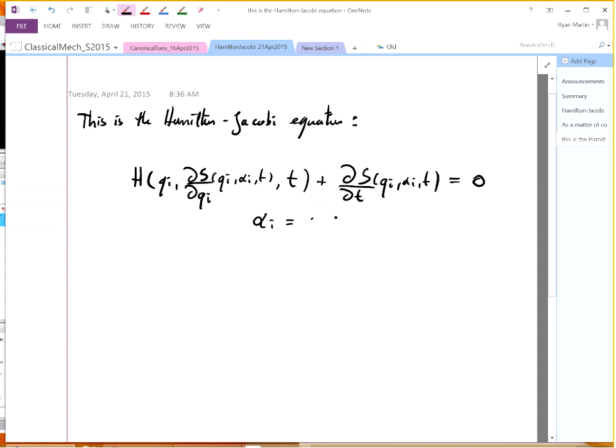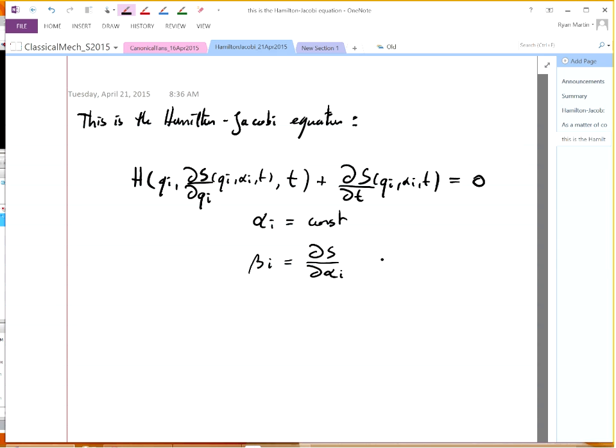So the alpha i's are constants, and then we have a second set of constants, beta i, and those constants beta i are found by taking ∂S/∂alpha i. So I really don't need to talk about capital Q's and capital P's anymore, because the whole point was that the capital Q's and capital P's became constants, and those constants were alpha i and beta i.